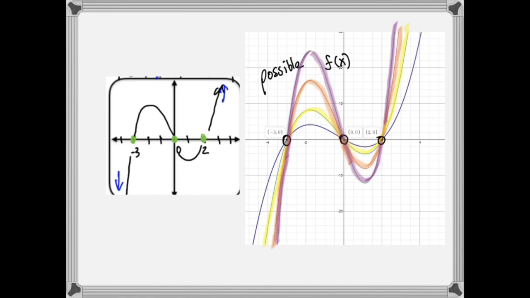And then finally, if I multiplied it by a half, or 0.5, it wouldn't have integer coefficients anymore. But again, we can see that there's going to be an infinite amount of graphs that are going to fit through those particular x-intercepts, those zeros. So when it says possible, that's what it means.